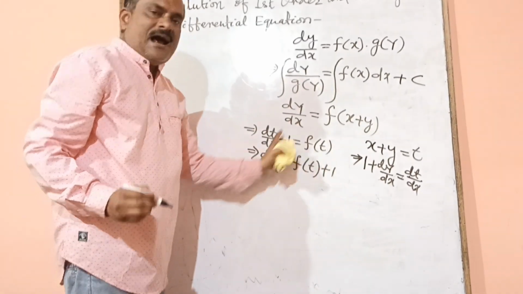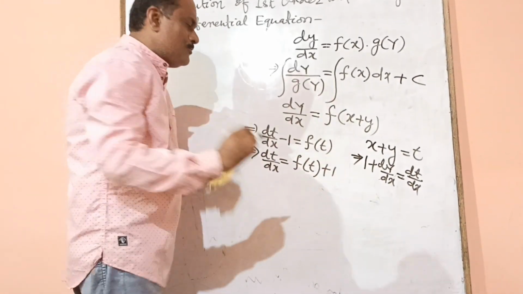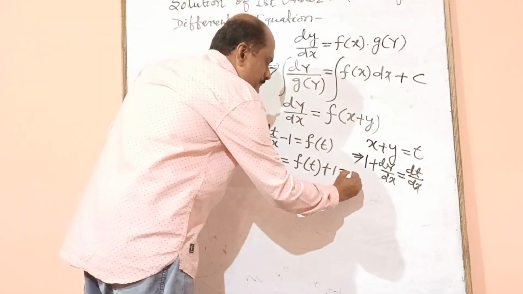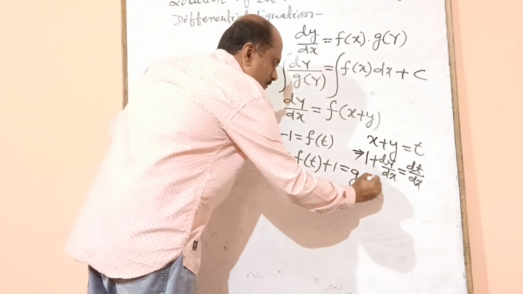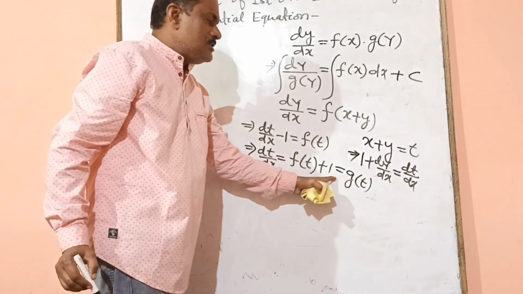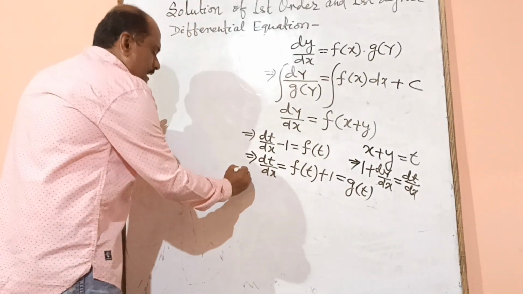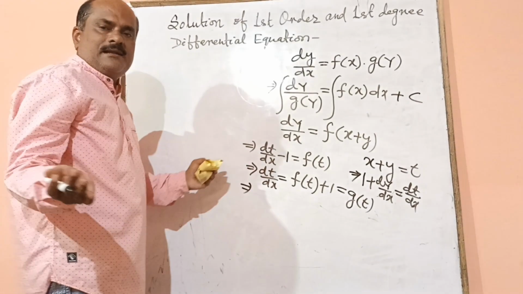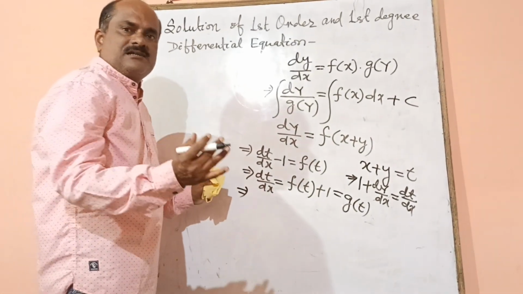That means the right side of this equation is also a function of t. I take it as g(t). Now we can separate the variables t and x.